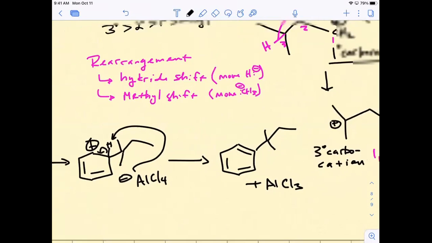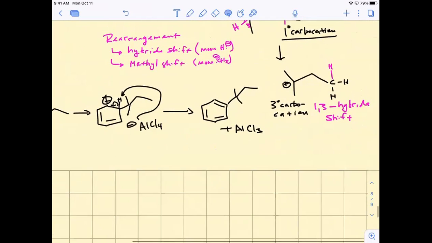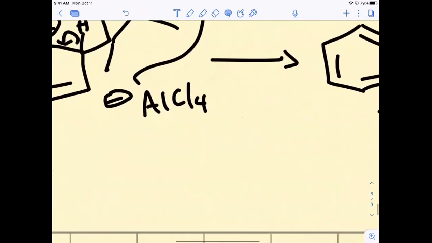So we started with iron, my bad. Not aluminum.